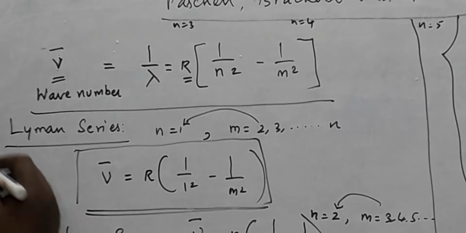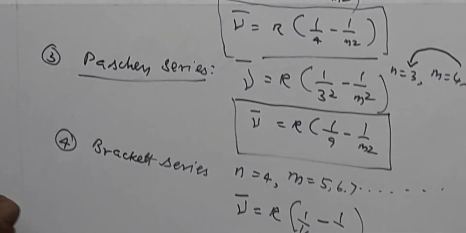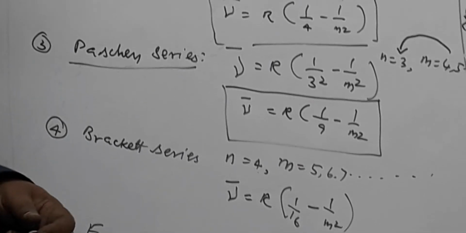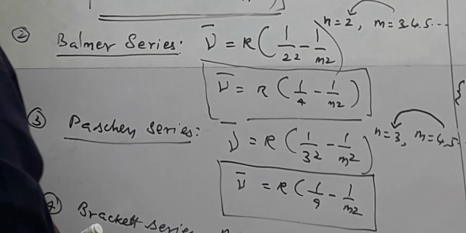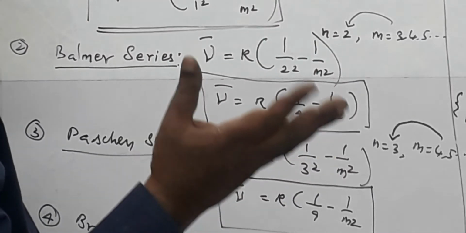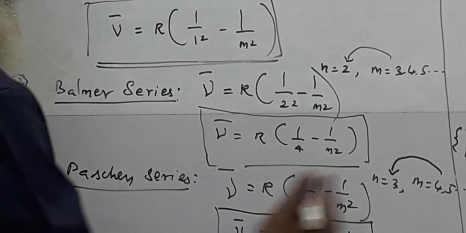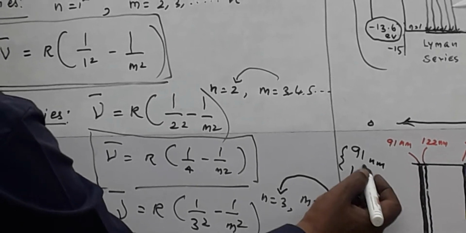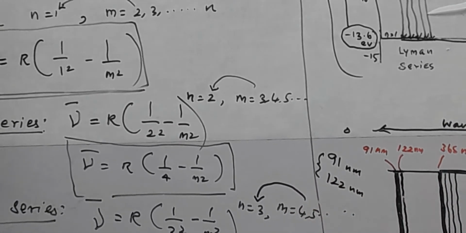This is a 5-mark question frequently asked in the annual examination. Try to understand all the concepts clearly so that you have answers for all 3-mark and 1-mark questions. So what is the bandwidth of the Lyman series? It is nothing but 91 nanometer to 122 nanometer.